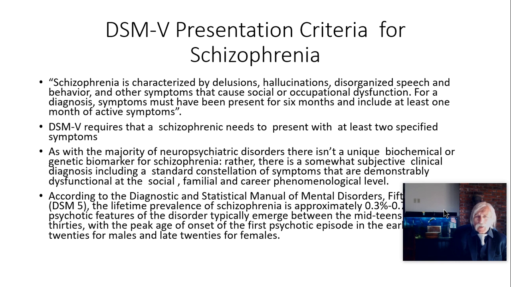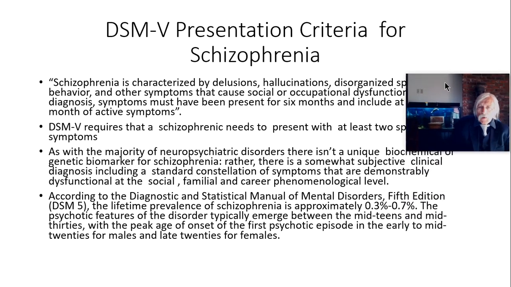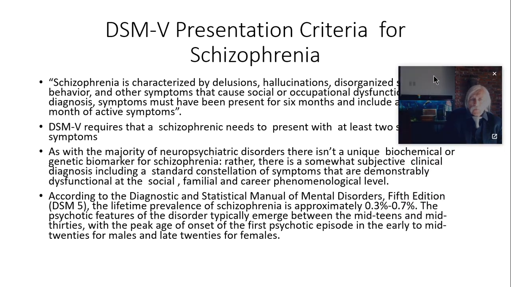So, according to the Diagnostic and Statistical Manual of Mental Disorders, the lifetime prevalence of schizophrenia is approximately 0.3 to 0.7%. So it is significant, but it's substantially lower than other kinds of neuropsychiatric diseases, for example, like major depressive disorder.